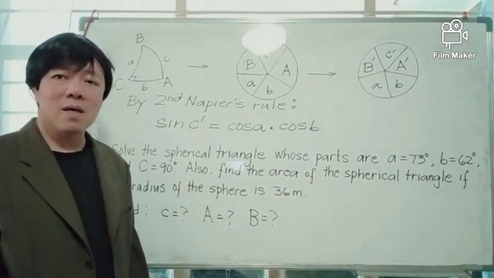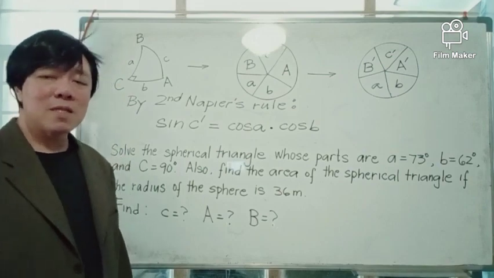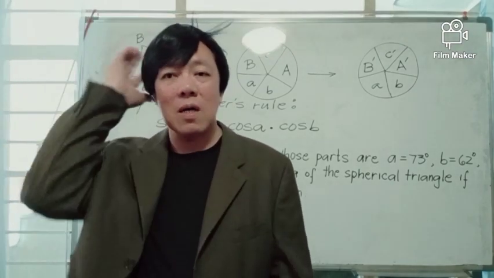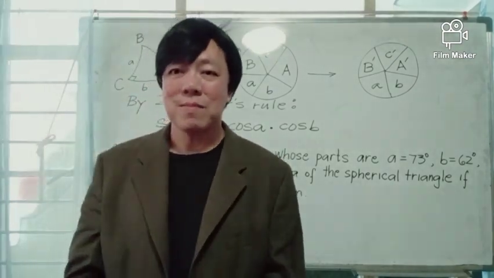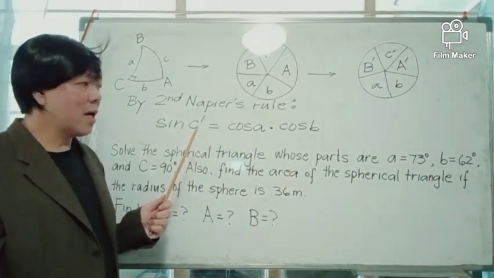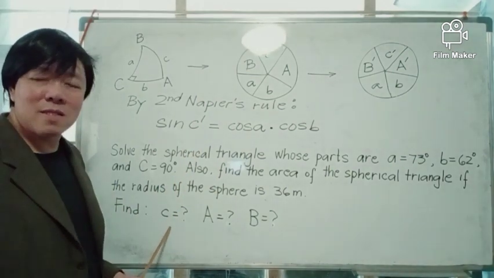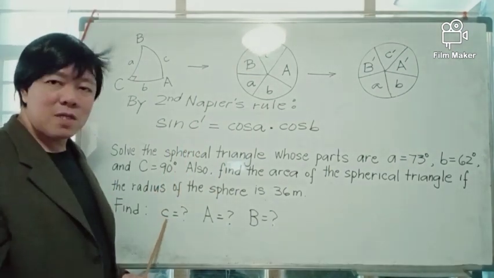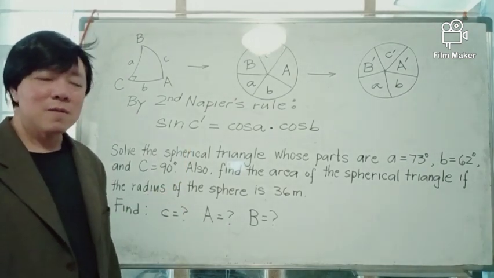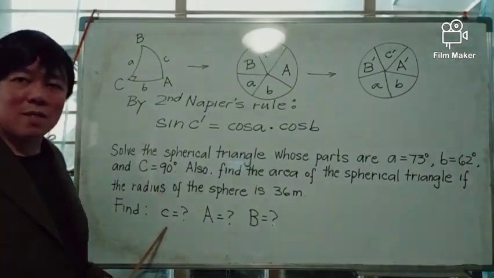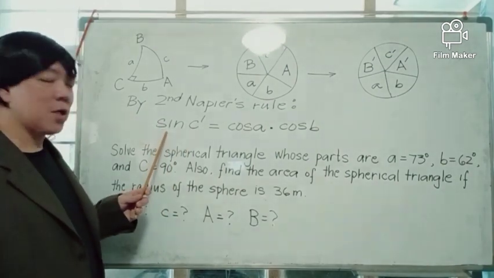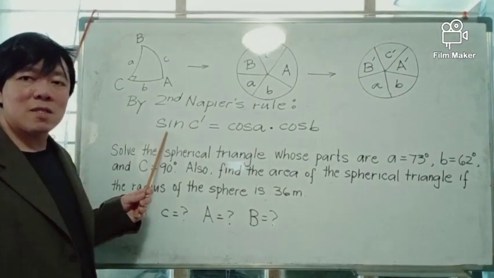Now we apply the complement angle theorem, which says the trigonometric function of an angle is equal to the cofunction of the complement of the angle. C prime here is the complement of c, and the complement of the unknown side c is c prime. Therefore, small c and small c prime are complementary angles. The complement of c prime is c, the complement of c is c prime, and the cofunction of sine is cosine.